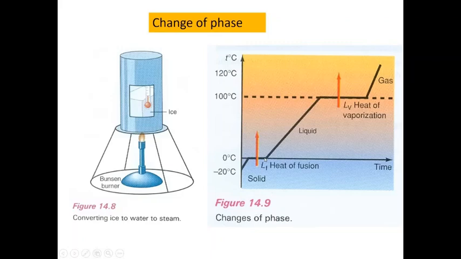This is a very interesting experiment, a very interesting observation, because why doesn't its temperature change? Because all the heat given by the fire is converted to change the phase of the ice to liquid, to water. That's why the temperature doesn't increase.